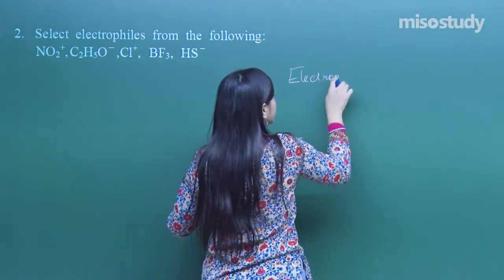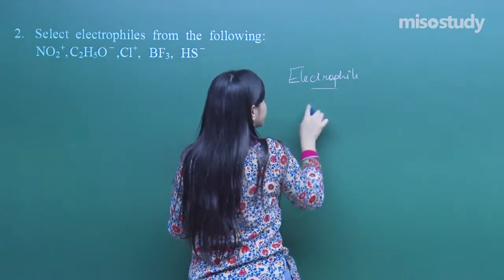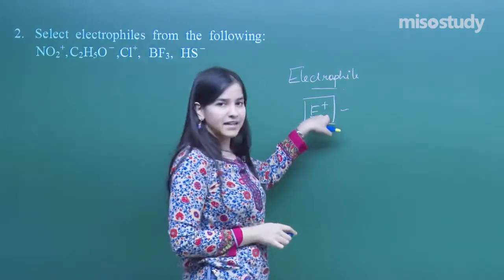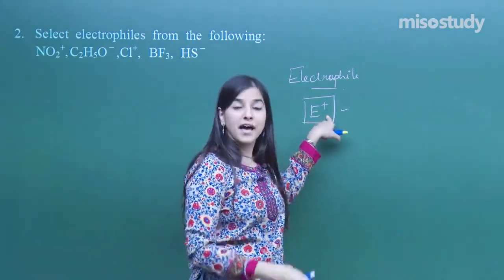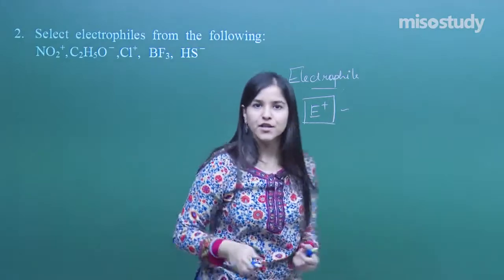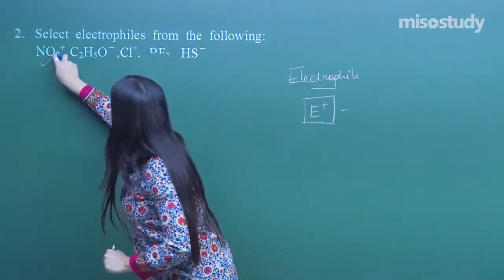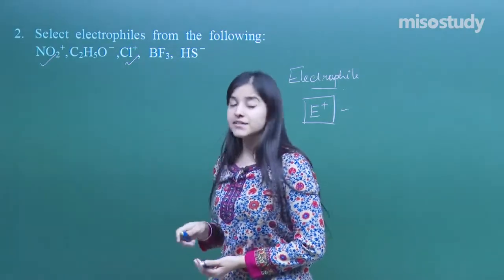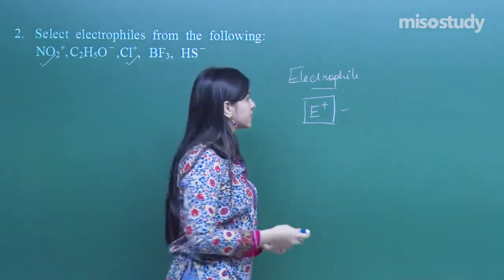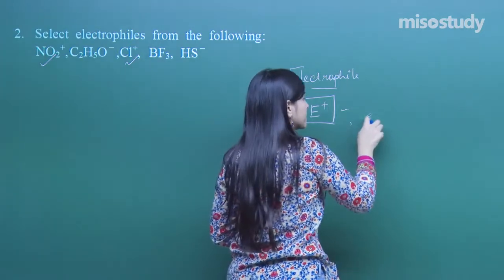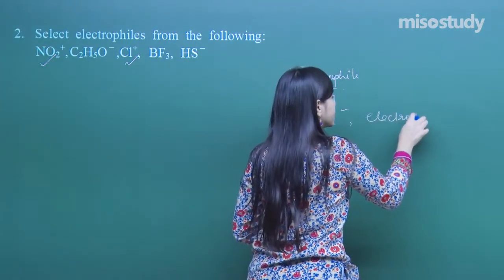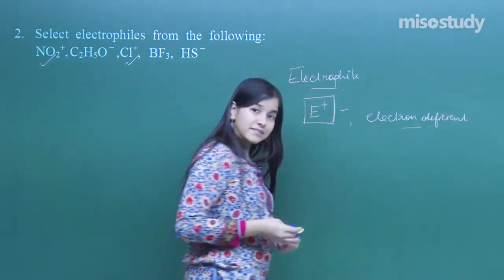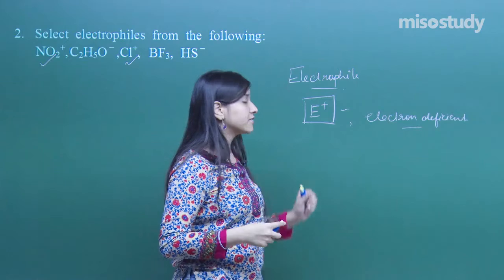Electrophile, I have told you, is in short written as E positive, and this gives us an idea that any species having a positive charge, first is this. So let me just strike out. This one is an electrophile, this one is an electrophile, but there is another part of the definition left: any species which is electron deficient, and it's not necessary that it will have a positive charge.